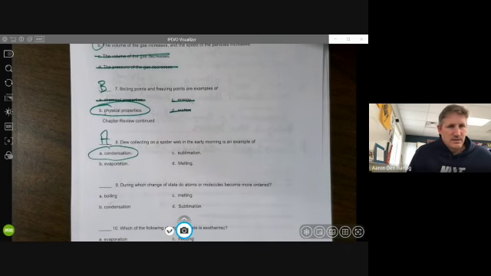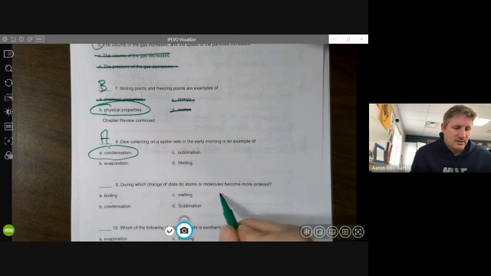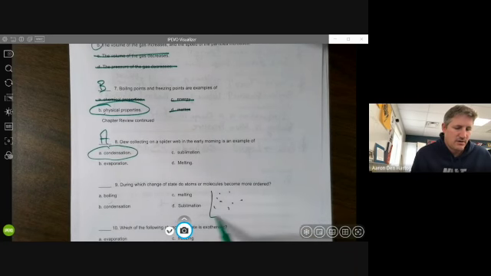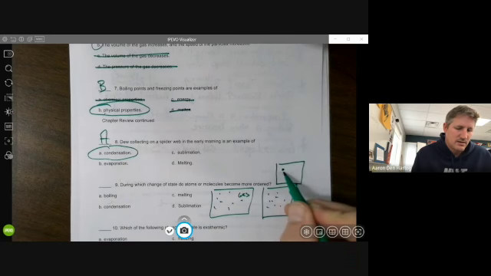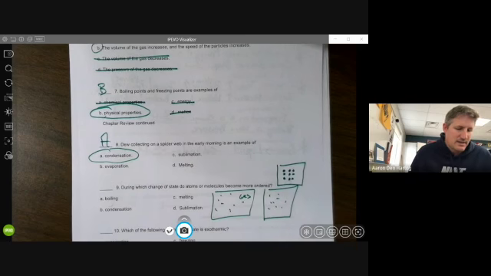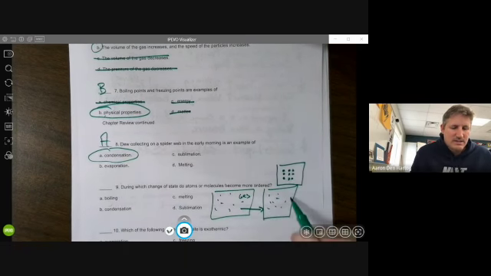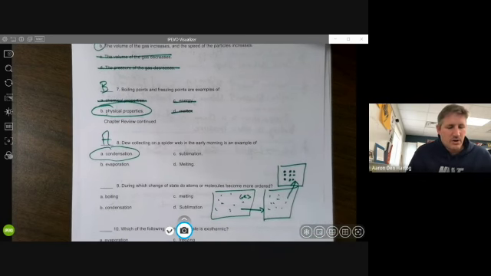Number 9, during which change of state do atoms or molecules become more ordered? Now think about our particle models. Here's a gas, they're all over. Here's a liquid, they're kind of close to each other and free flowing. And then here's our solid, so they're getting tighter together. That means we're going from a gas to a liquid to a solid. The cooler we get, the more ordered our particles become.